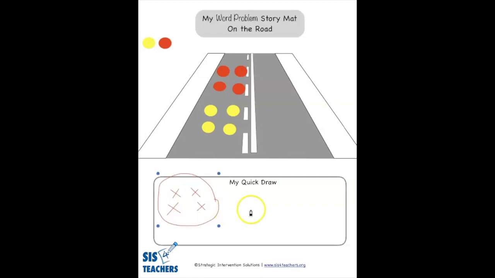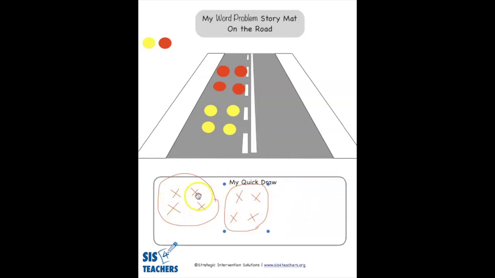Then I'm going to put 4 more X's next to it to represent the other car. Again, these could be circles, they could be a variety of different ways to have the child show you. And then I'm going to put a ring around this as well to show that it is another set of wheels, rather, in this car.